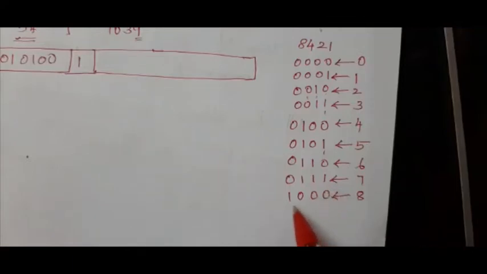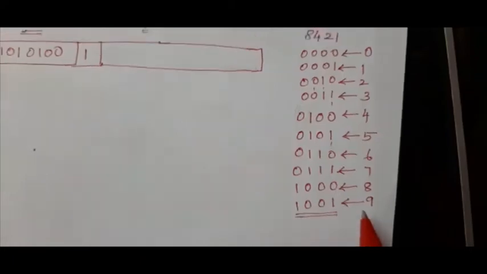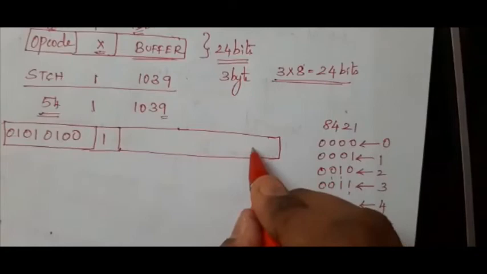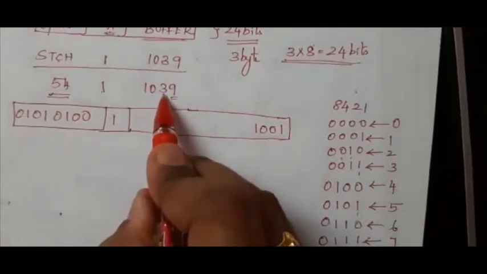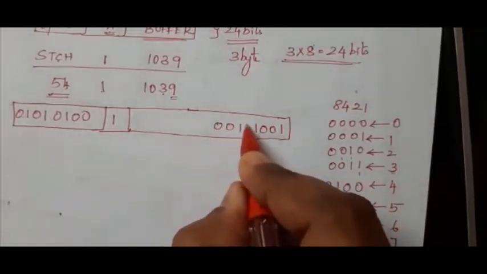Am I right in doing this? 1001 is 9. We'll write it here, 1001. Okay, so we'll write it for 3. What is it? 0 0 1 1.